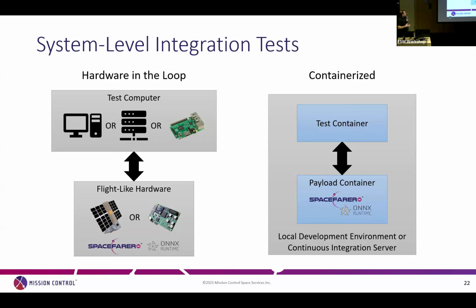In this case, for example, it could be a workstation or a server or your favorite single board computer. And then it would communicate with your hardware. It could be any interface: TCP/IP, serial connection, CAN bus. We've done all of those. And then your behave tests are going to operate those interfaces and check if the behavior is what you expect.